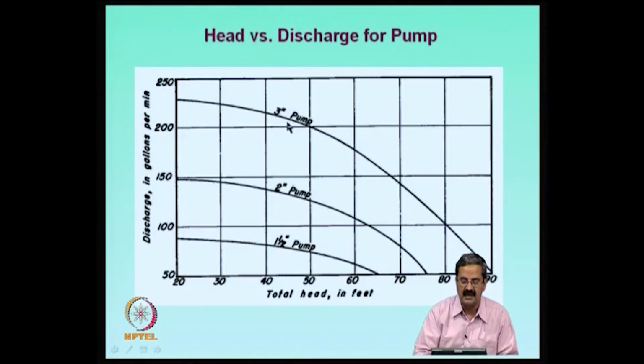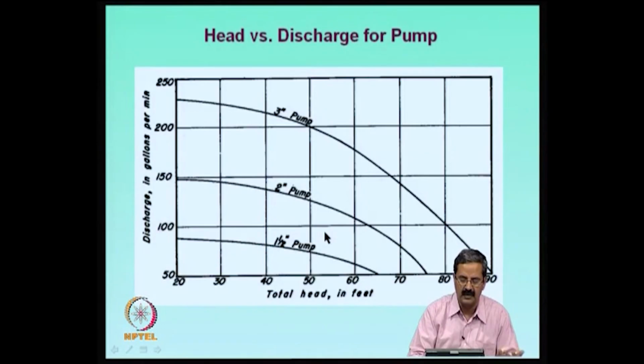So, you can see that a 3-inch pipe can handle heads up to 90 meters, and it can give a discharge in terms of so many gallons per minute. The company will give you this sort of information, and many of the companies have their own information.